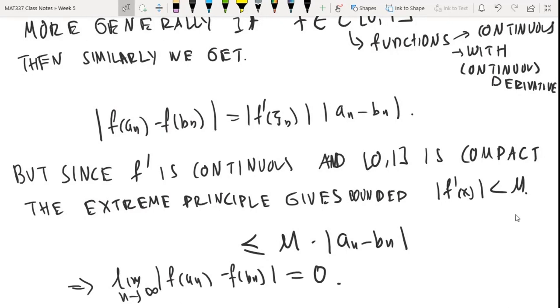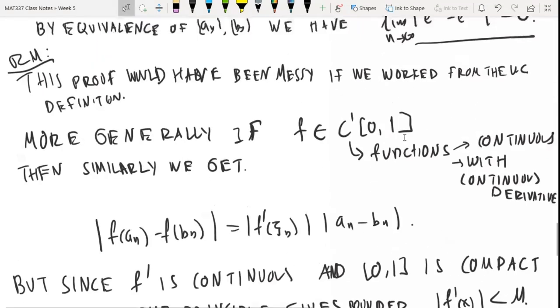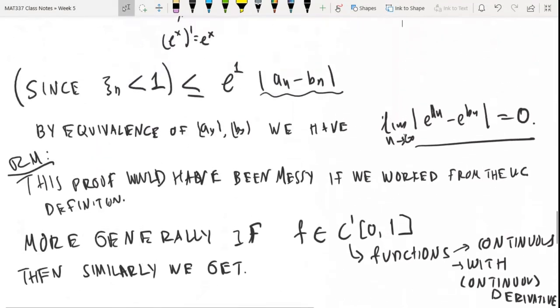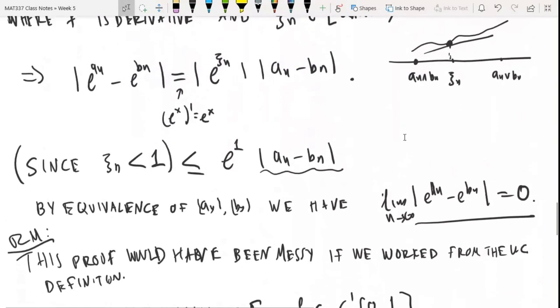Is that okay? Does the final result involve the squeeze theorem? Let's see. Yes, that is exactly right.